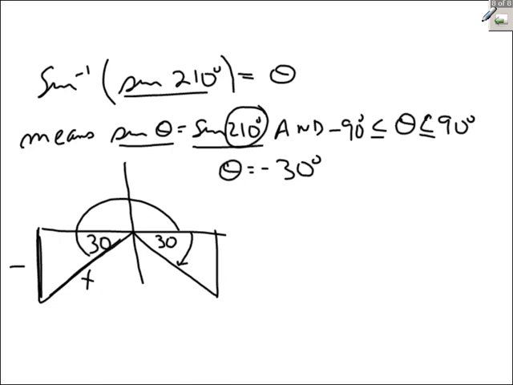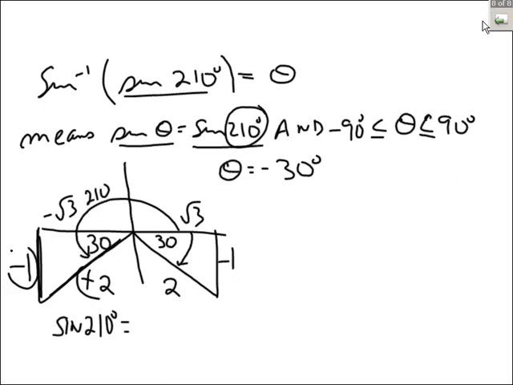The sine of 210 degrees is opposite over hypotenuse, negative 1 over 2.